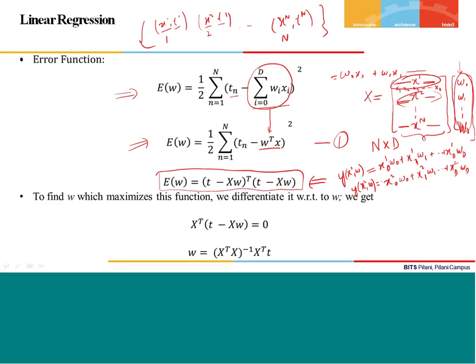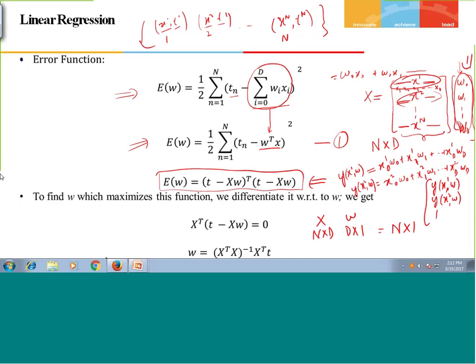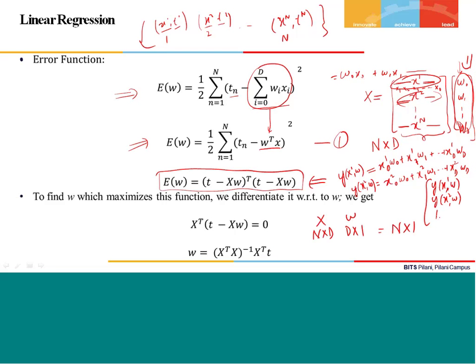So x is a matrix of size n into d, and this vector w is of size d into 1. So the resultant of this product x into w will be n into 1, right? What will this n into 1 vector have? It will have y of x1, w; y of x2, w; likewise all these things up to y of xn, w.